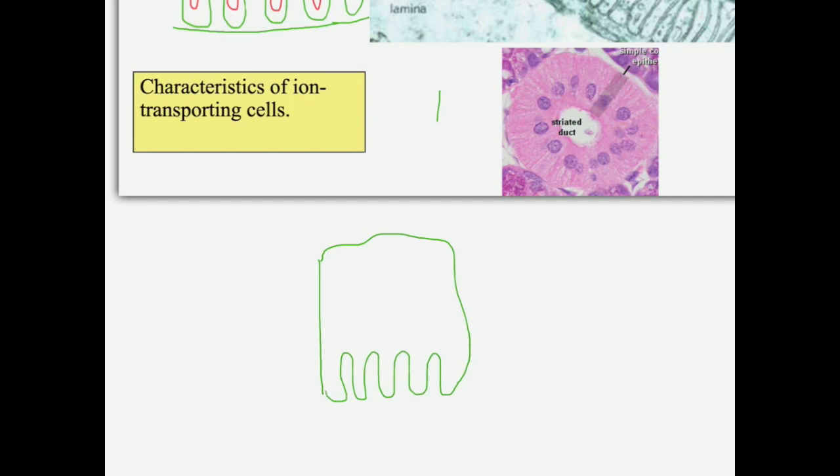What is the function of this cell as regards the secretion? This cell will reabsorb the sodium from the saliva, and this will make the saliva hypotonic.